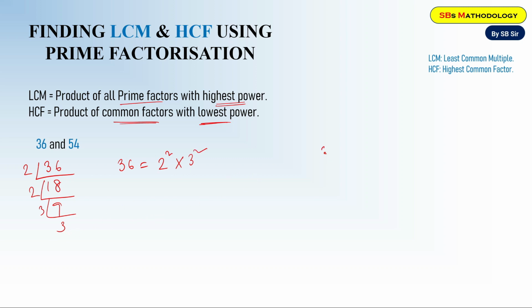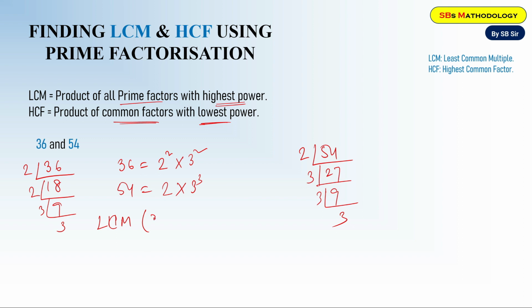Again 54: 2 27s, 3 9s, 3 3s. So 54 can be represented as 2 into 3 to the power 3. Now if I find the LCM of 36 and 54.